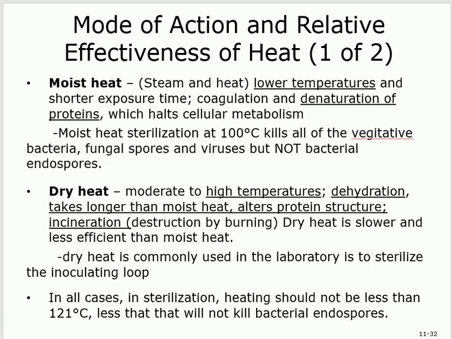If the heat is moist, sterilization at 100 degrees centigrade is going to kill everything except what's not killed at 100? Endospores. So what do you kill? You kill the vegetative bacteria, the vegetative fungus, even the fungal spores and viruses.